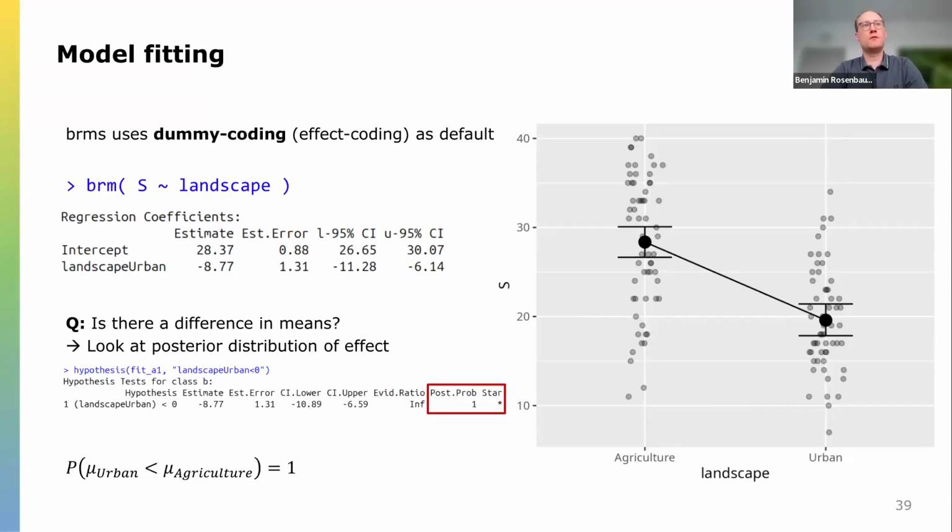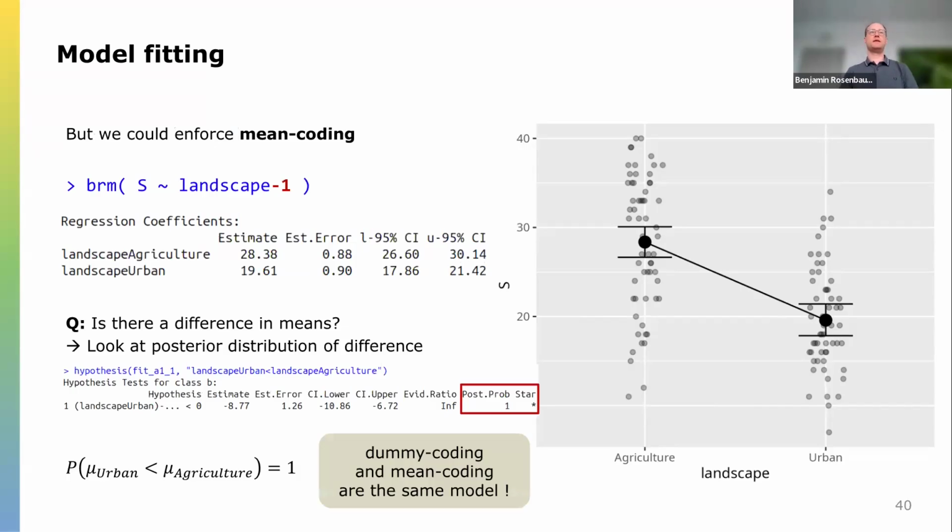However, if you don't want to have this dummy coded, but you actually want to have the predictions or the intercepts as parameters in the model, then you can do that by specifying -1. Alternatively, I think you can also specify it by writing 0 plus landscape. This means no intercept and then fitting landscape level variables only.